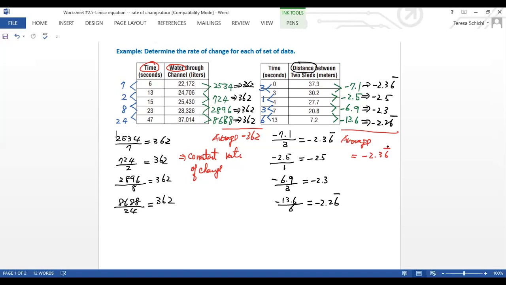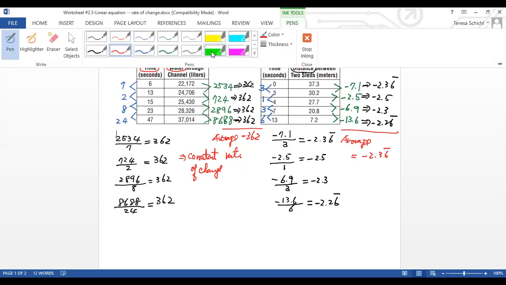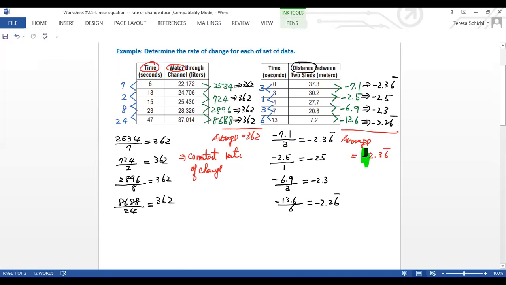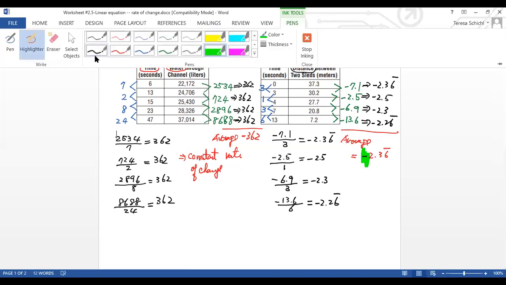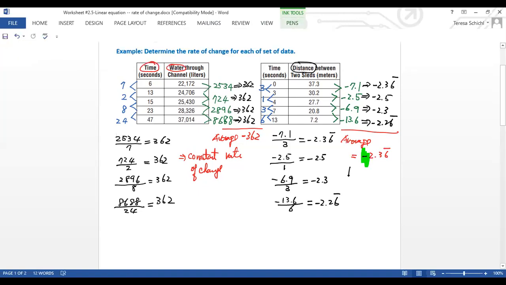The negative sign means what? Decrease, right? Every time the time increases 1 second, the distance is going to decrease.